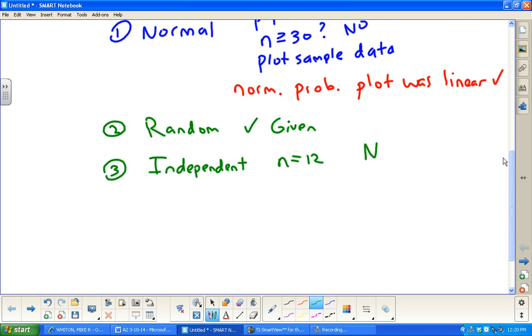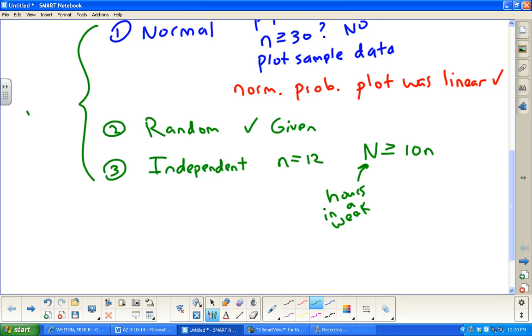So the population size N is greater than or equal to 10 times lowercase n. Again, this is the number of hours in a week. That's the population here. And I believe there are more than 120 hours in a week. So just mention something about that. That makes sure that the independence works, that the standard deviation is going to be what we think it should be. Okay, so our conditions are met.